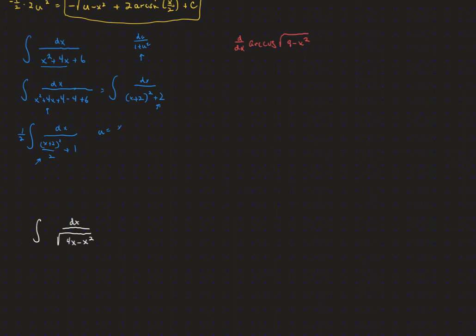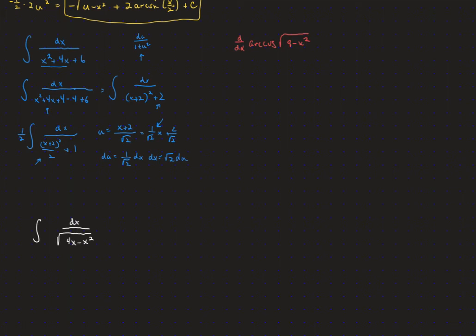So the u will be x plus 2 over the square root of 2. Now, you don't have to write it out, but we want to be able to see that as a 1 over square root of 2 times x, and then the plus 2 square root of 2 doesn't really matter. This is the part that we want to be able to see so that we can recognize that du is going to be 1 over square root of 2 dx, and so dx is going to be the square root of 2 times du.